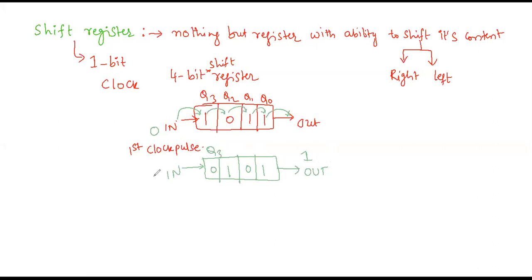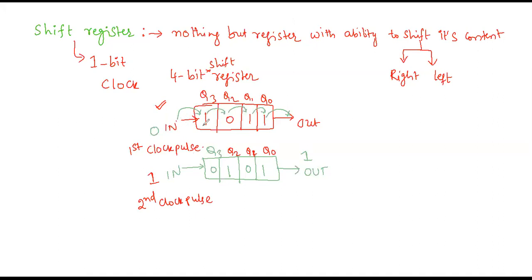For example, if the input value is 1 and you apply a second clock pulse, then what will happen? Refer to the above diagram.